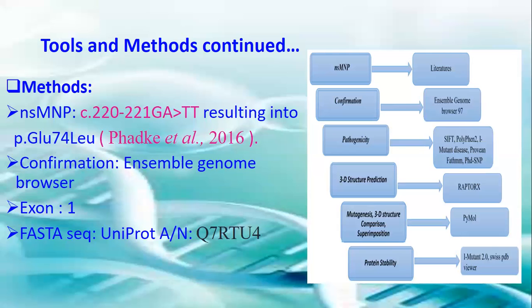We predict the 3D structure with RaptorX, which can predict 2D and 3D structures. Further, we do mutagenesis, superimposition and 3D structure comparison in PyMOL. For protein stability, I did I-Mutant2 and PhD-SNP.